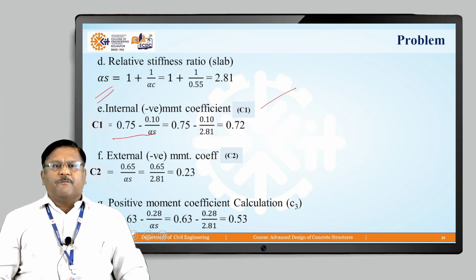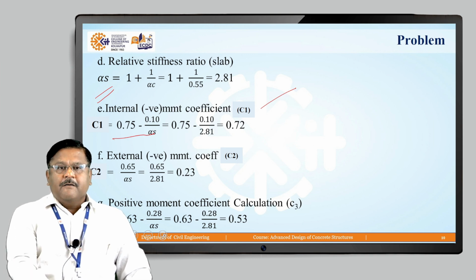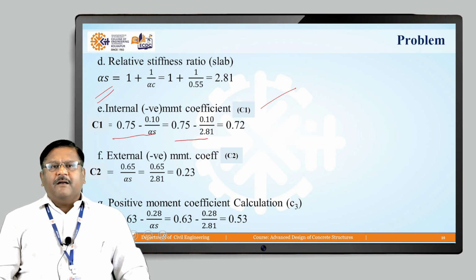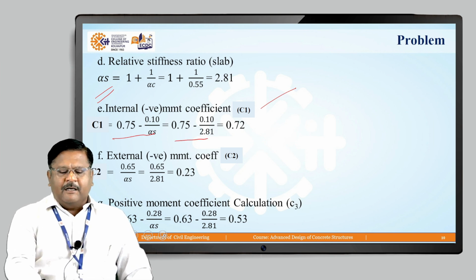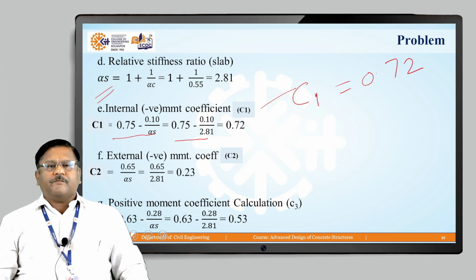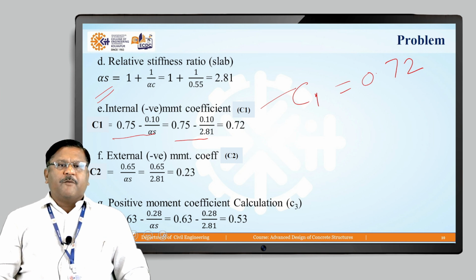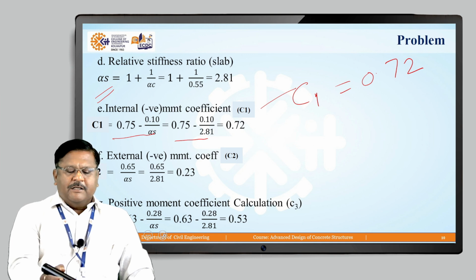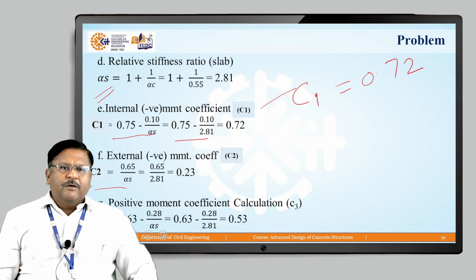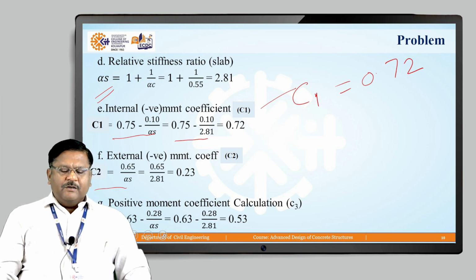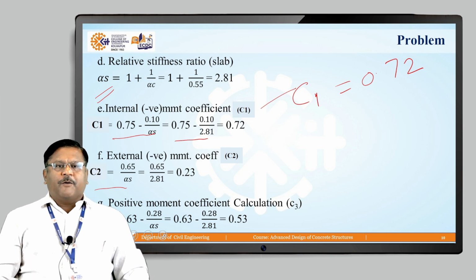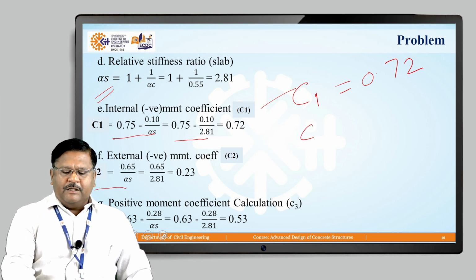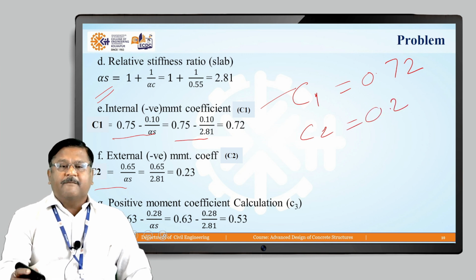So C1 is equal to 0.75 minus 0.1 upon 2.81. We get C1 is equal to 0.72. Second is external negative moment coefficient, which is denoted by C2, and the equation of C2 is 0.065 upon alpha s. So 0.065 upon 2.81, we get C2 is equal to 0.23.